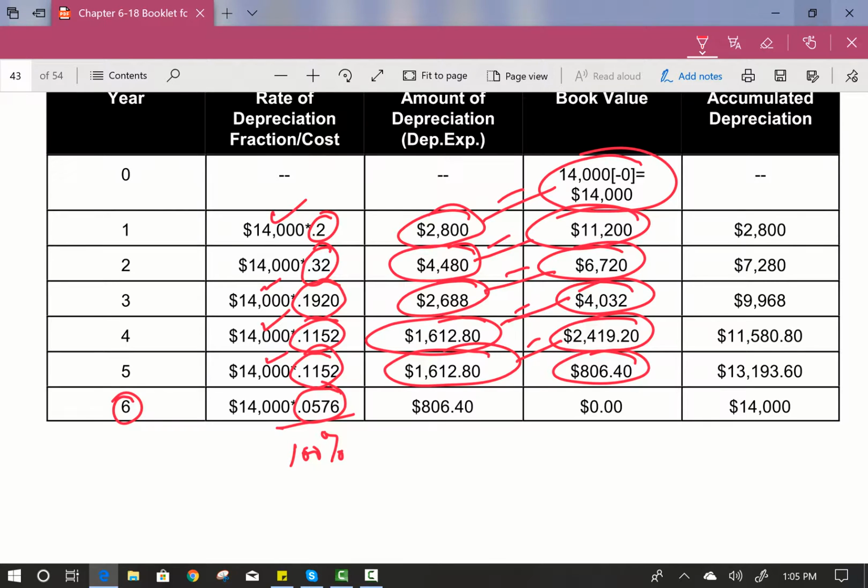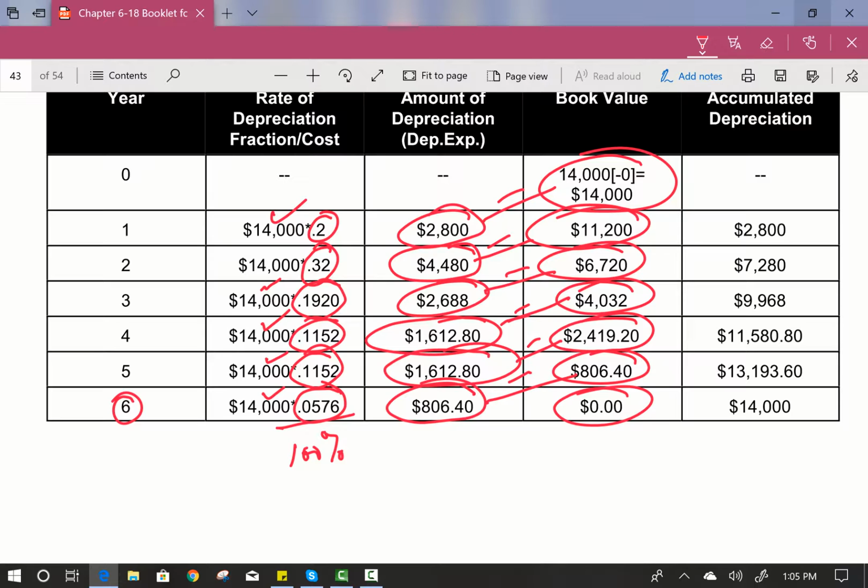And then it goes into the 6th year, even though it's a 5-year asset. Take 14,000 times 0.0576 after you move the decimal point 2 places to the left. That gives you $806.40. Subtract that from $806.40, and it balances out to 0 for the book value at the end of the life of this particular asset.